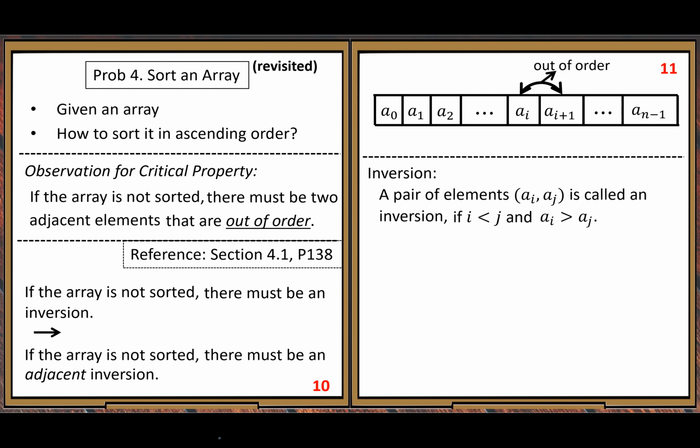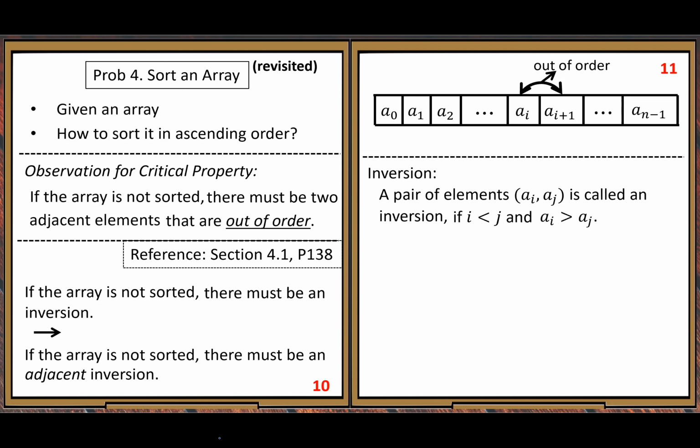This second statement is the same as our above critical property, because it concerns two adjacent elements. So the bottom two statements are equivalent, but the wording of these two statements is different.